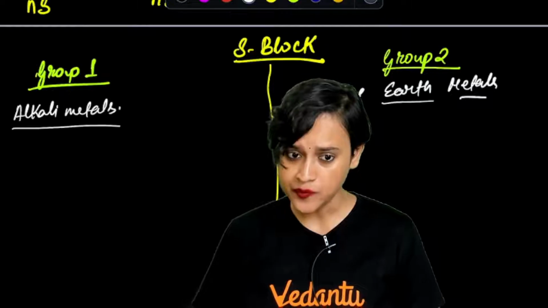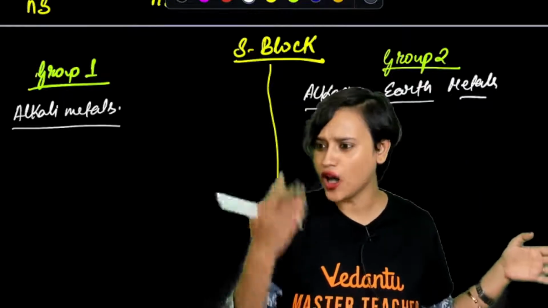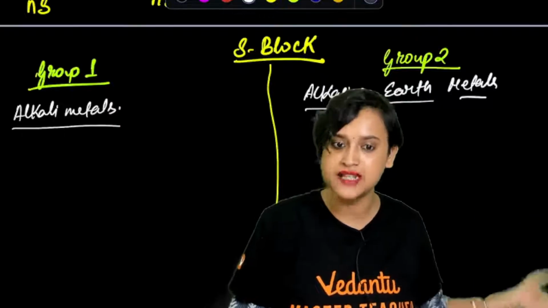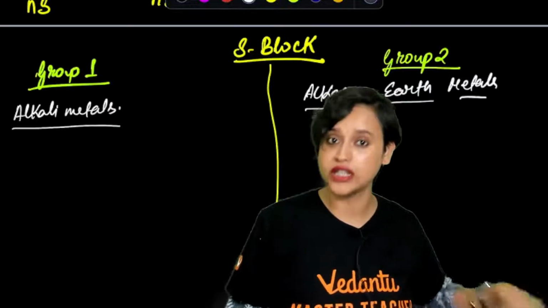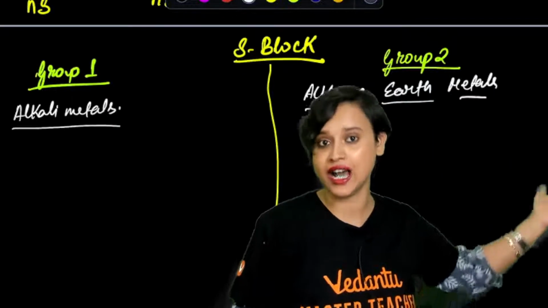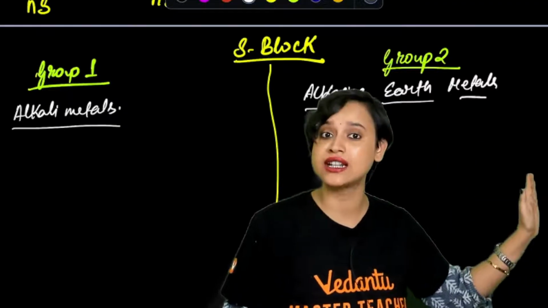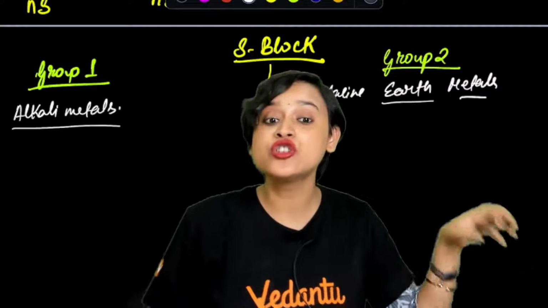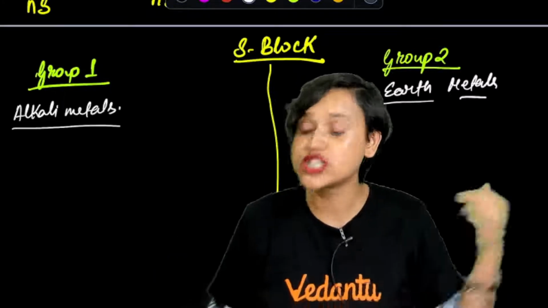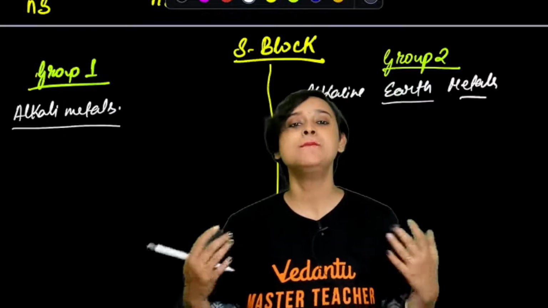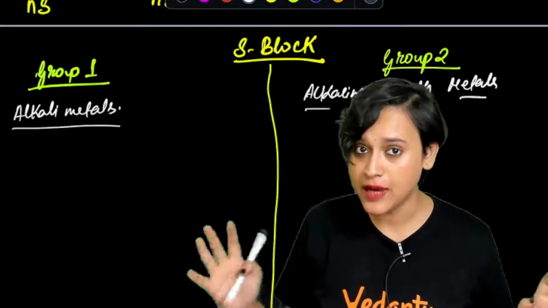Are you understanding? And I'm pretty sure that you all have enough common sense, so you would have understood that the Group 2 elements, when they react with water, also form oxide and hydroxide. And these oxide and hydroxide are also strongly alkaline in nature and they are found in the earth's crust, which is why their name is alkaline earth metals. Am I clear, everybody?